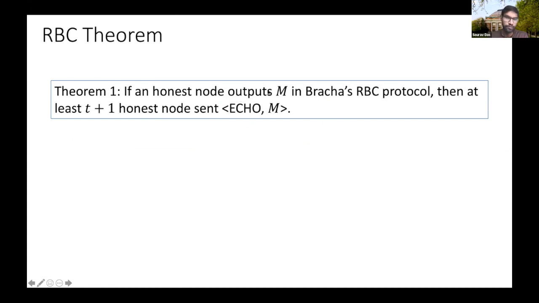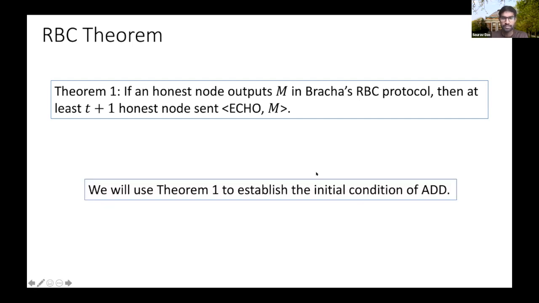This we can prove using quorum intersection. And this is very crucial because we use it to establish the initial condition of ADD. Recall that in ADD, we have a situation where t plus 1 honest nodes start with the message, others do not, and we want all honest nodes to deliver the message. So we use this RBC theorem to make sure that we get the initial condition of ADD.